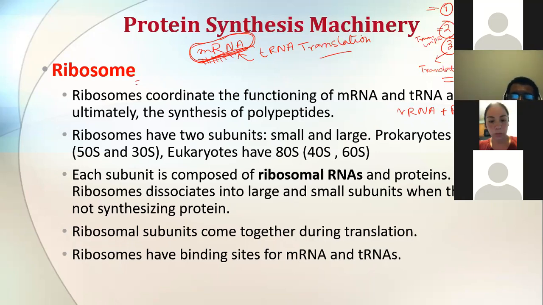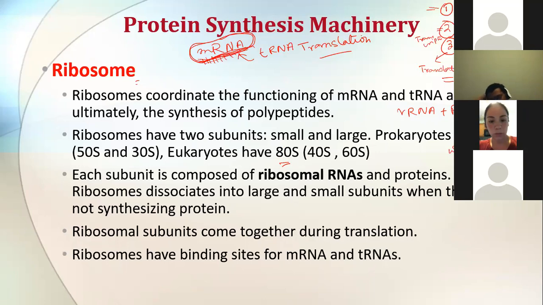For prokaryotes, the total weight of these two subunits is 70S. For us, for eukaryotes, the total weight is 80S. For prokaryotes, 70S means the large subunit is 50S and the small subunit is 30S. Do not try to add them; it's just the weight.